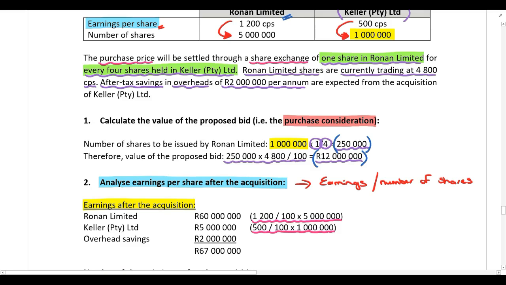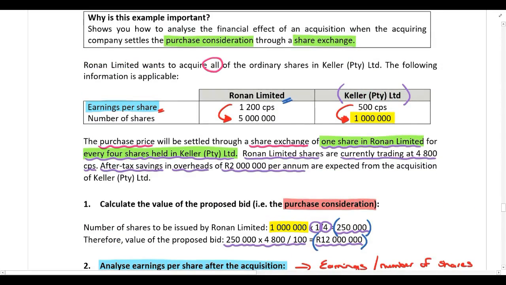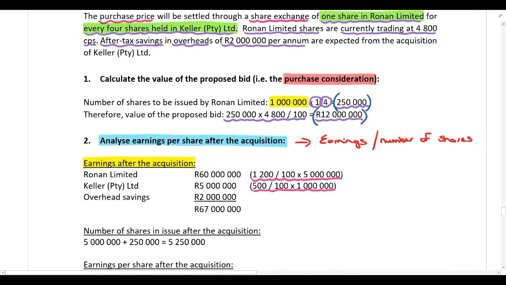Now please note guys, you weren't given any growth rate in the earnings, so you don't need to take any growth rate into account. Those are the earnings. In addition to that, you were told that Ronan Limited wants to acquire all of the ordinary shares in Keller Pty Limited, so you don't need to apportion the earnings of Keller Pty Limited. They will be buying all of the shares or 100% of the shares.